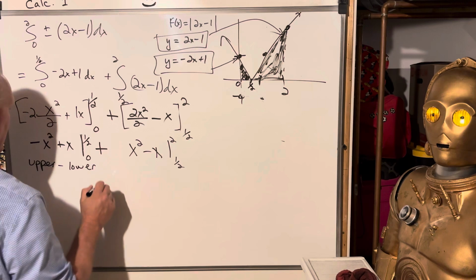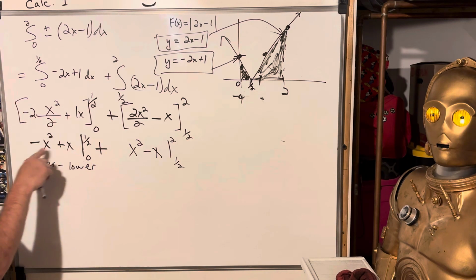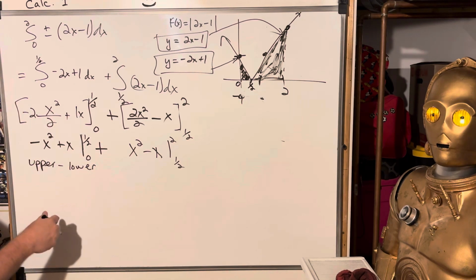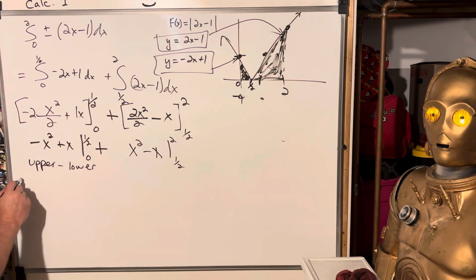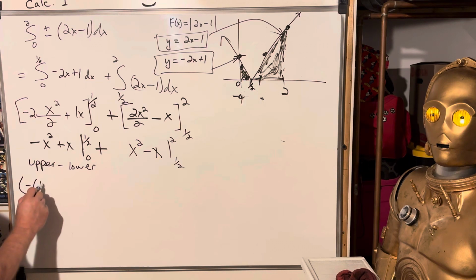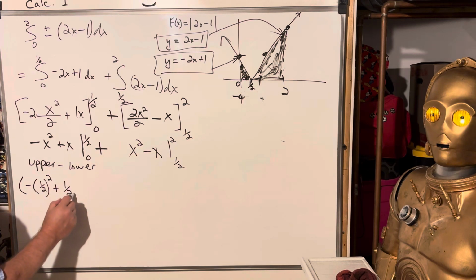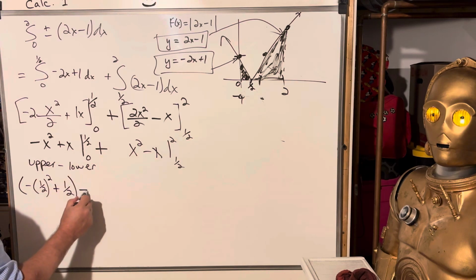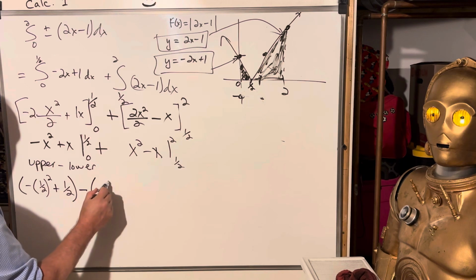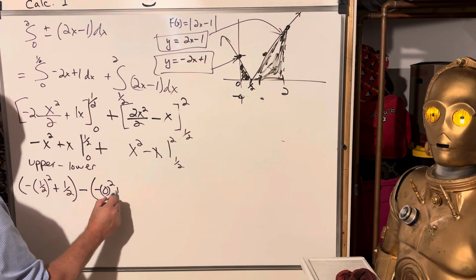And again, on the test, show me the work with the zeros. A lot of times students just say, oh, it's going to be 0, I'm going to zero it out. That's great. You can zero it out, but show at least a step so I know you didn't just disregard that. Plus 1/2. All right, minus, and so show me 0 squared plus 0.